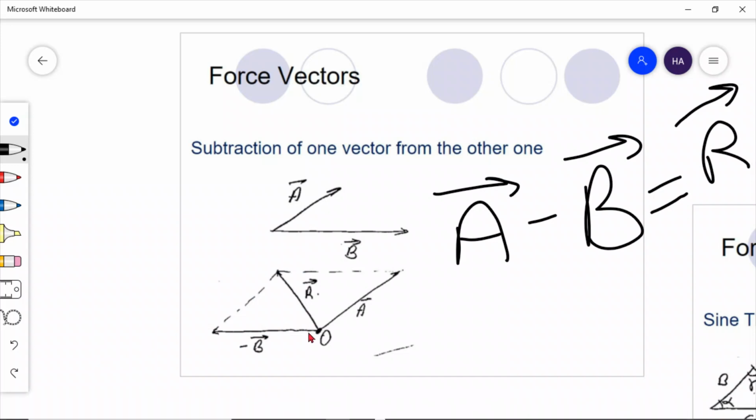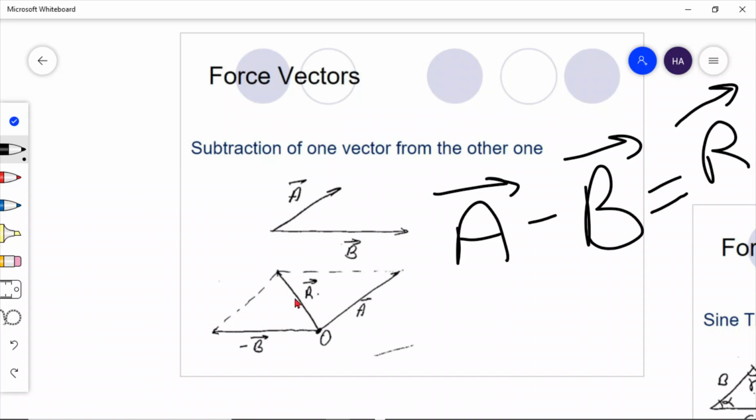So what I do in this case is, taking the negative of a vector is multiplying it by minus 1. Certainly this means that the negative of a vector will have the same magnitude but opposite direction, as you see in the figure. Then I can do vector summation. I can use any method, triangulation or parallelogram method, and then I form the resultant.